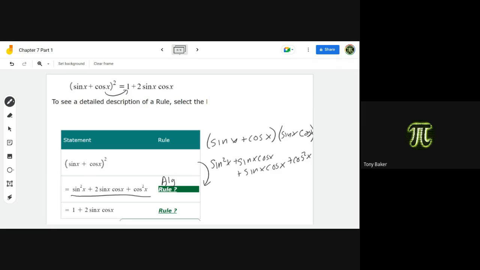And that's how they got that. How did they go from here to here? Or what did they do?